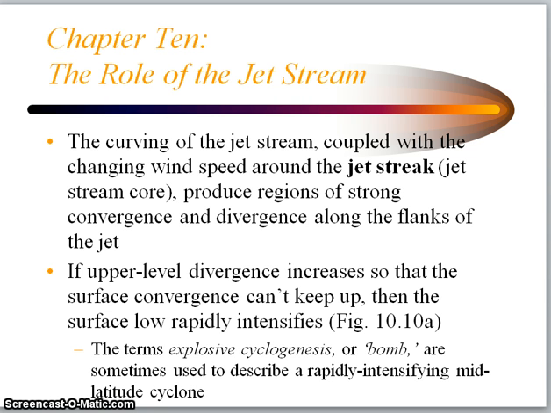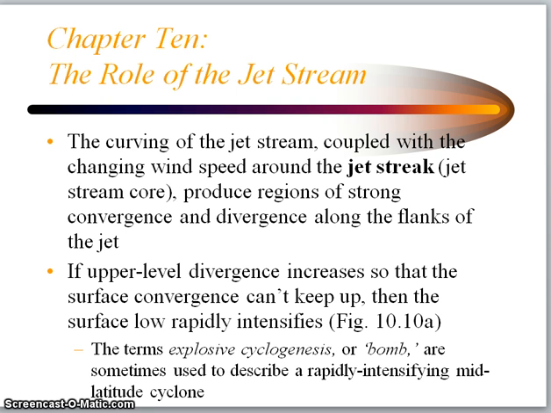The river of air in the upper atmosphere that steers mid-latitude cyclones from one place to the other is called the jet stream. The jet stream curves as it undulates around the top of the world in waves, as you've seen by now after having looked at diagrams of the global circulation. The curving of the jet stream, coupled with the changing wind speed around what we call the jet streak, which is the core or strongest part of the jet stream, produces regions of strong convergence and divergence along the flanks of the jet.